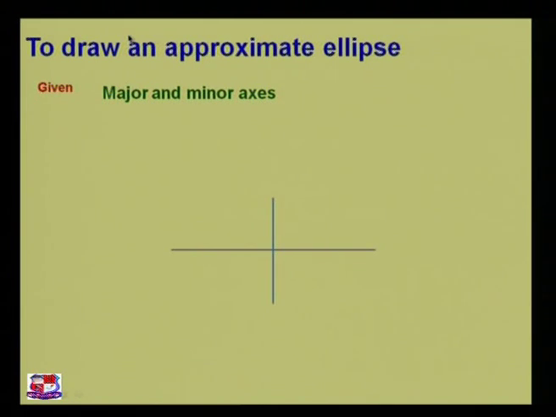How can we draw an approximate ellipse? To draw the ellipse, we need two things: one is the major axis and another is the minor axis. We all know that circles have a single radius only.